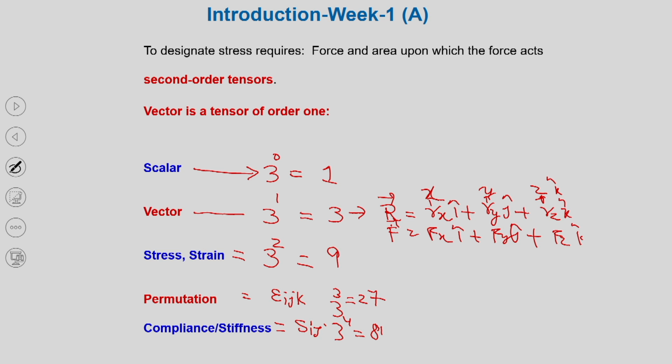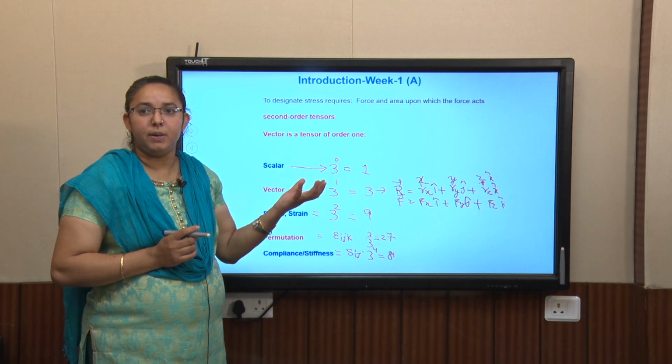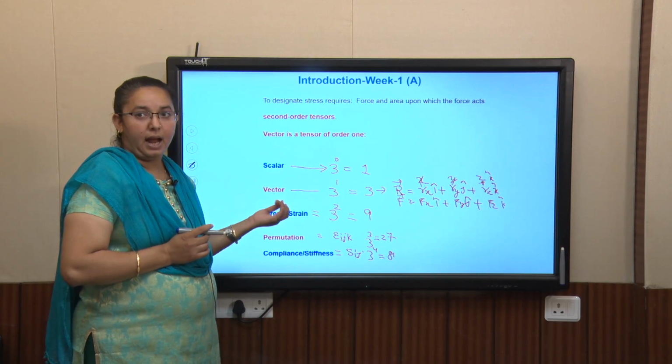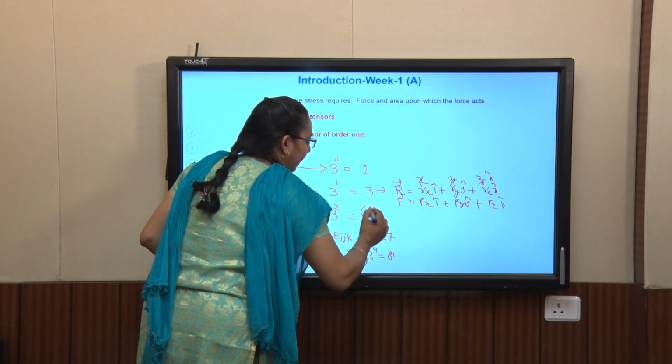So, for the case of a vector, if you want to know the state of a displacement, you need at least 3 components to completely define that displacement vector. If you want to know the state of stress at a point in a body, then you need 9 components.